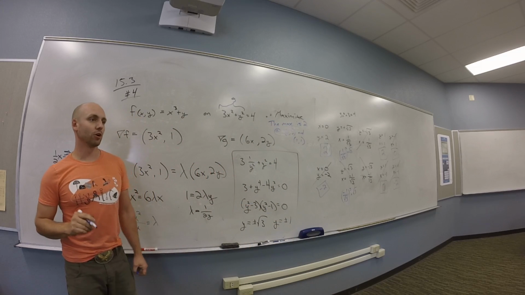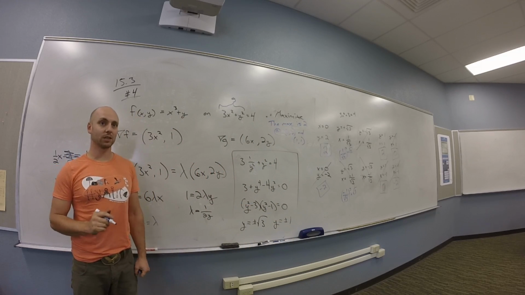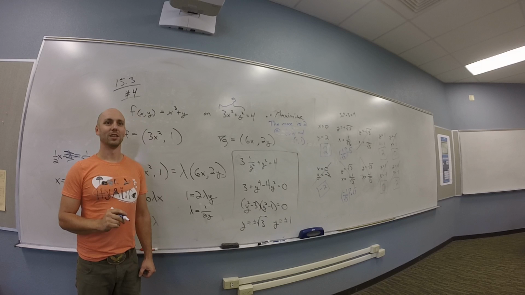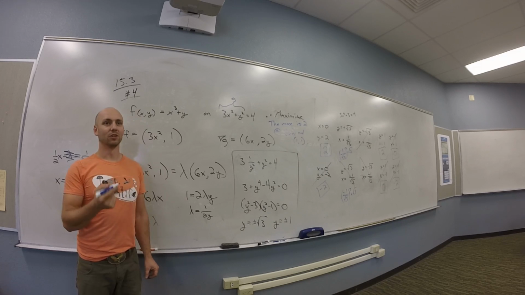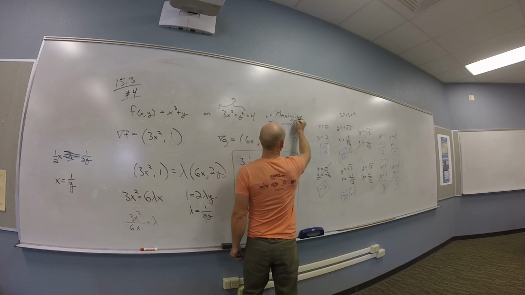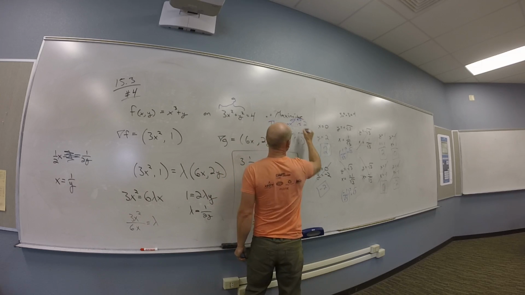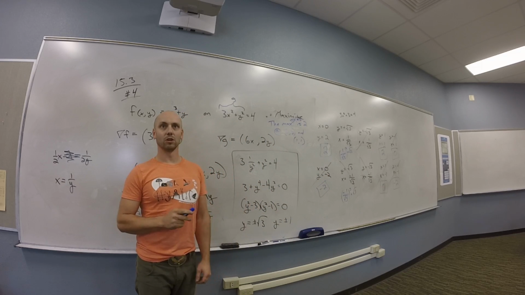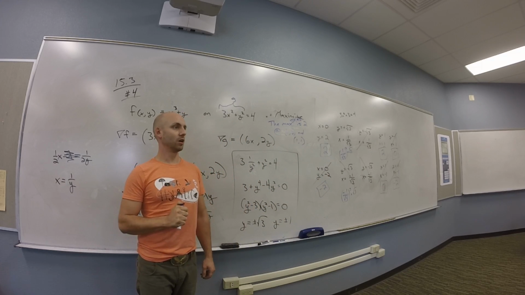And if you were being totally precise, you would write the maximum value, since it's an output. So the maximum value of f, subject to the constraint, is 2. Is everyone with me on that? Okay, cool.